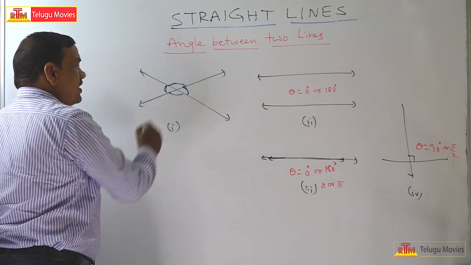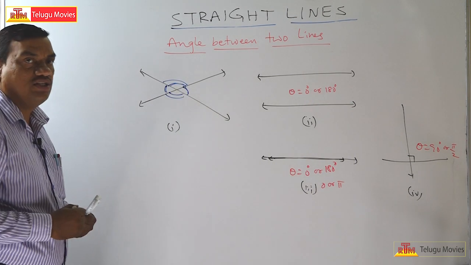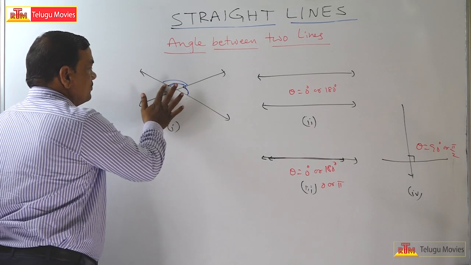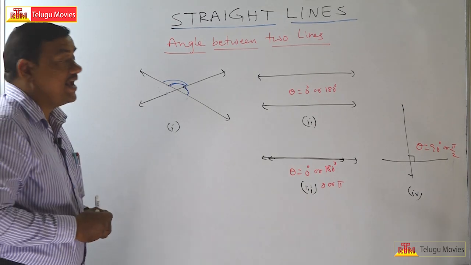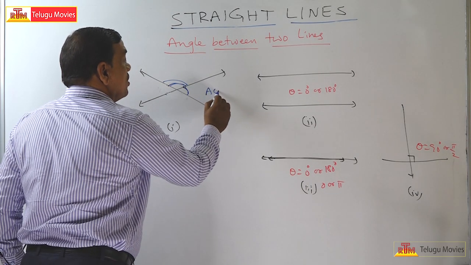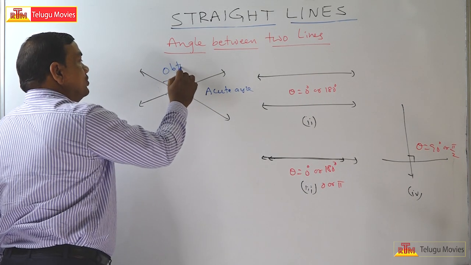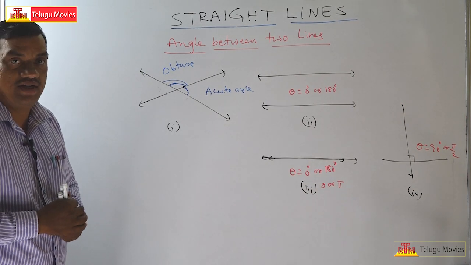This angle and this angle are equal, that is a vertically opposite angle. So, basically two distinct angles form. One angle is an acute angle, and another one is an obtuse angle.